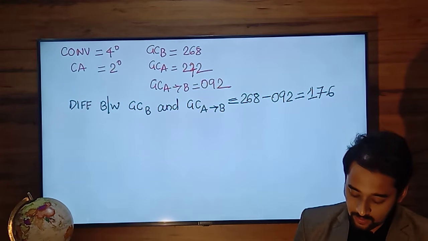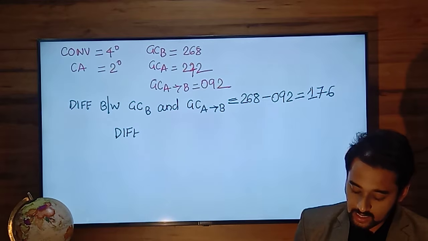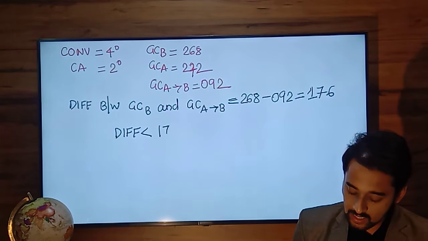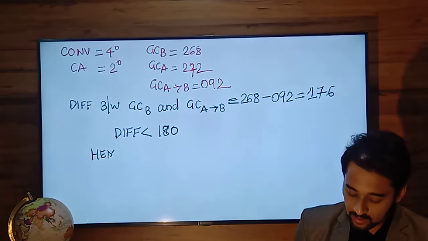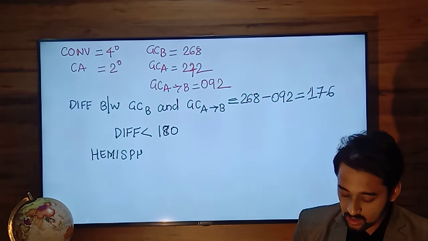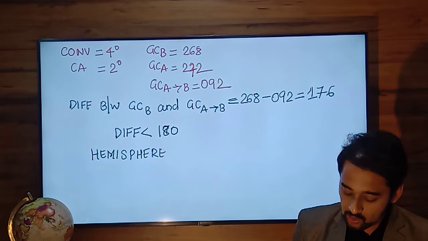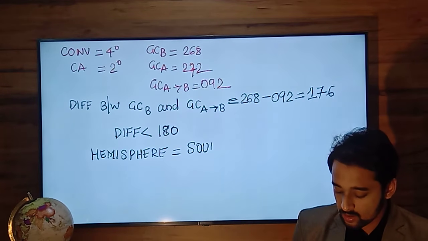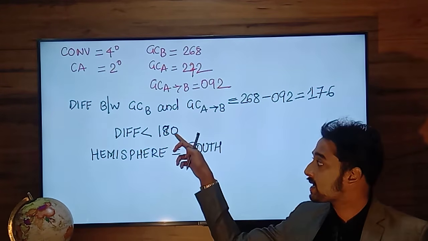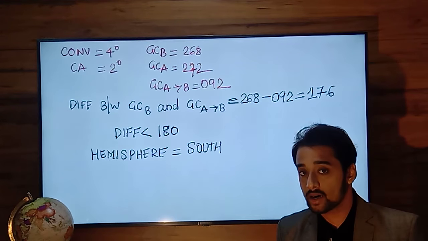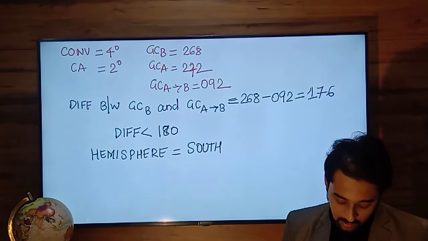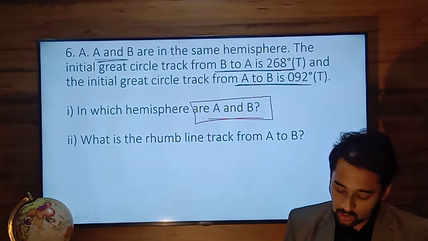So the difference is less than 180, so the hemisphere that you will be in is south hemisphere. So difference more than 180, north hemisphere, less than 180 south. At equal to 180, you are located at equator. So the hemisphere will be the south hemisphere.